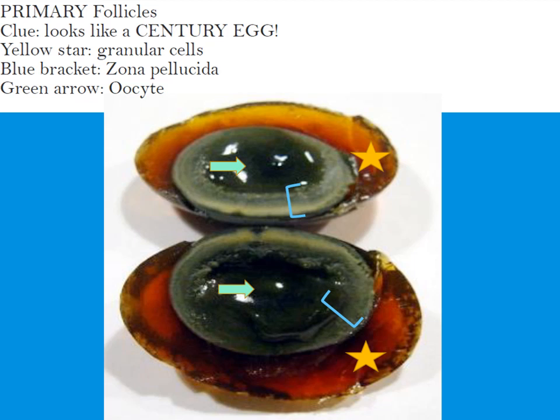Meron tayong zone, di ba, or the pseudomembrane na immediately after the granulosa cell, which is your zona pellucida. So, tapos yung nasa gitnang part is yung mismong oocyte na.